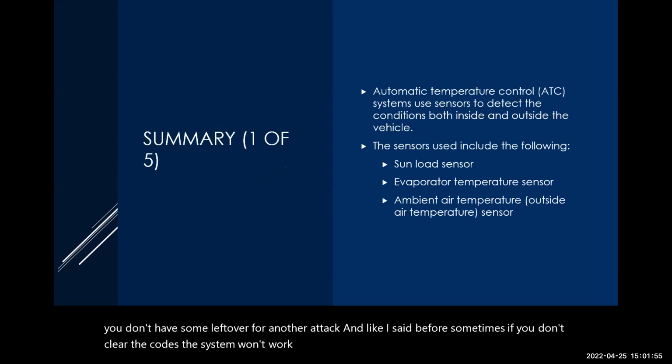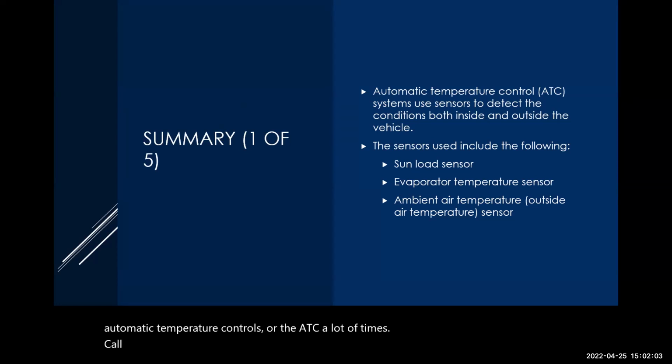So kind of just summarizing it up, the automatic temperature controls, or the ATC, a lot of times we call it, has sensors in it, and it can actually check for DTCs, diagnostic trouble codes, to help you out. And there's a bunch of different sensors on it.